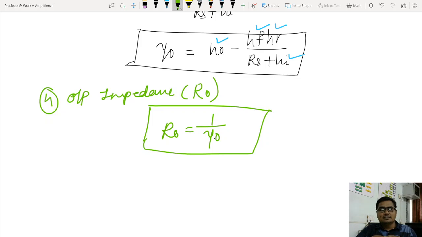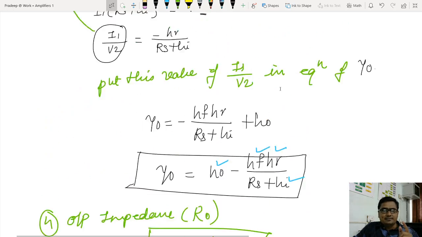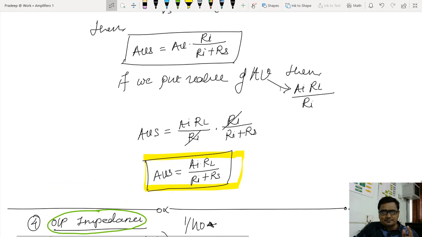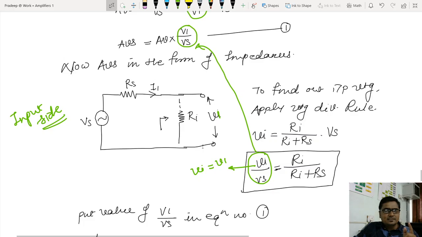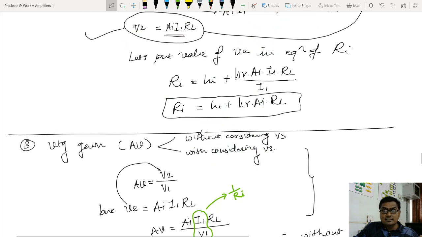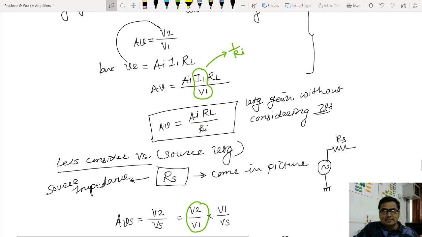See, if I observe this equation Yo, it includes Ho, Hf, Hr, Hi. Then the third parameter, voltage gain, is dependent on current gain, RL and Ri. But the current gain itself, see, the Ri equation is there in the voltage gain. And what is Ri?